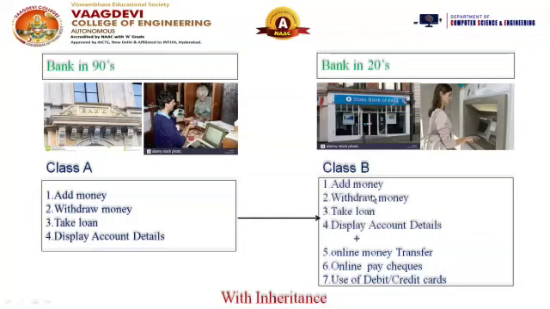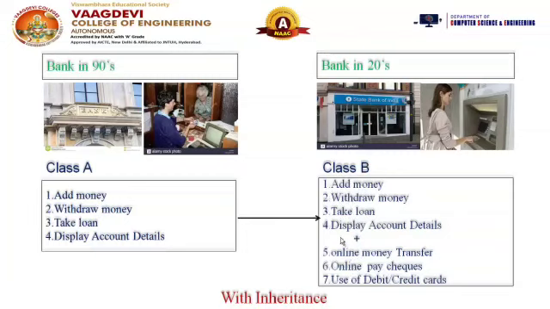Now, class A is called as parent class and class B is called as child class. Class B is inherited from class A. Therefore, all the features of class A are inherited into class B and class B has its own features.